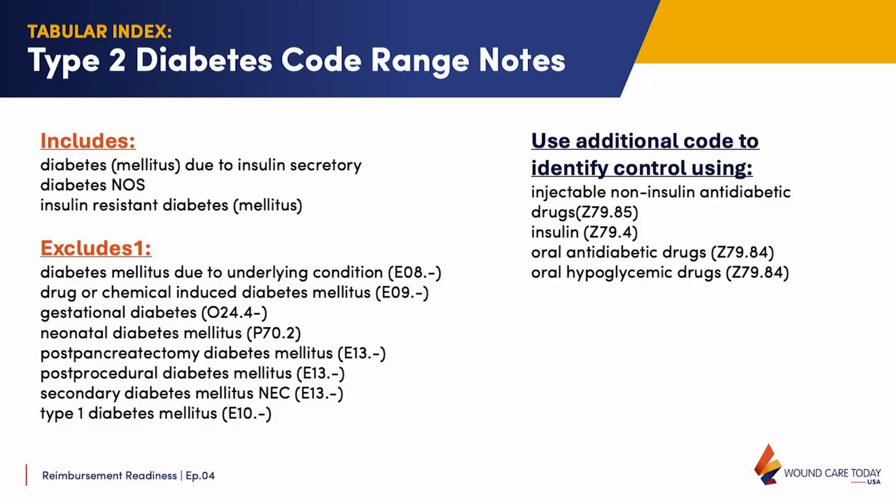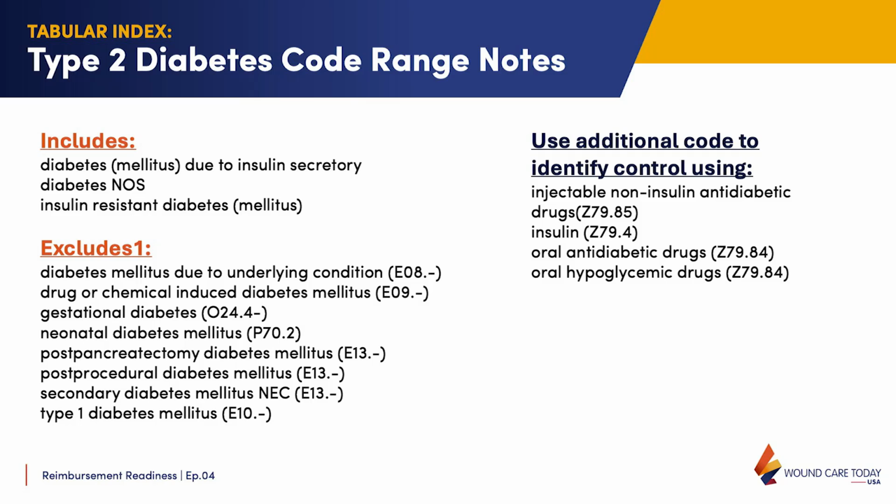And you'll also see another instruction underneath that when you go to that code that says use additional code to identify the control using, and they give you options there: injectable non-insulin anti-diabetic drug, insulin, oral anti-diabetic drugs, and oral hypoglycemic drugs. So you have an instruction there to use additional code to identify how the diabetes is being controlled.